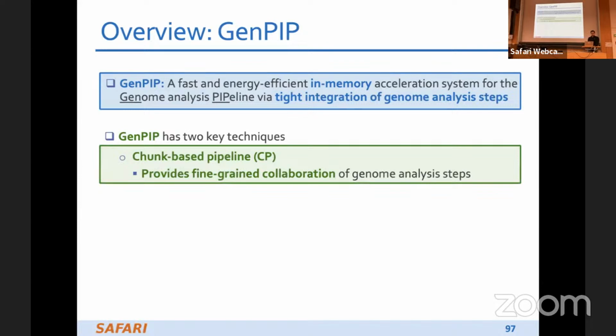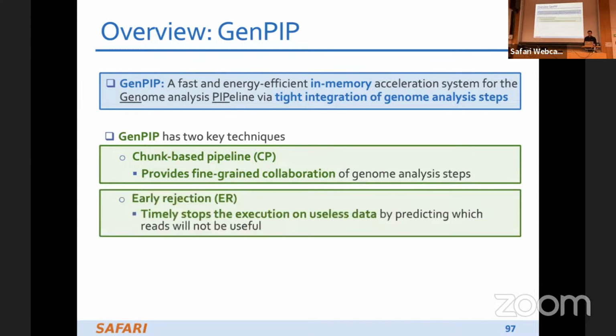For that, we have two key techniques. One, chunk-based pipeline. We don't fully convert the raw electrical signal to its base called version and then analyze it. What we do is we go chunk by chunk. We only base call a small portion of it and then analyze it. And then if it is necessary, we continue with the further chunk.